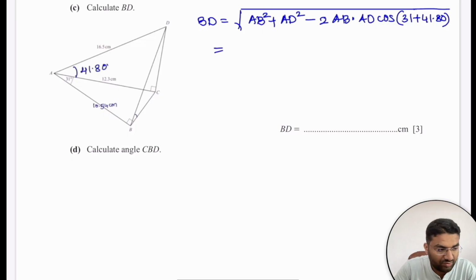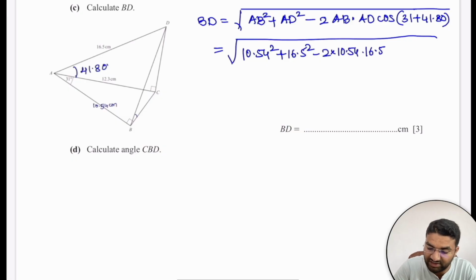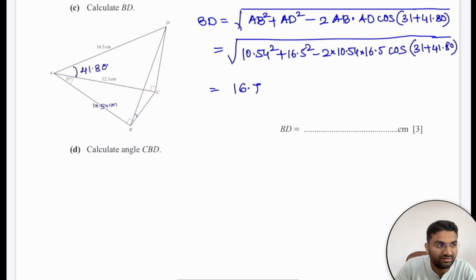If you put in all these values and simplify, you will get 10.54 bracket square plus 16.5 bracket square minus 2 times 10.54 times 16.5 cos of 31 plus 41.80. If you do the calculation in your calculator, you will straight away get 16.74. 16.7 will be the answer.